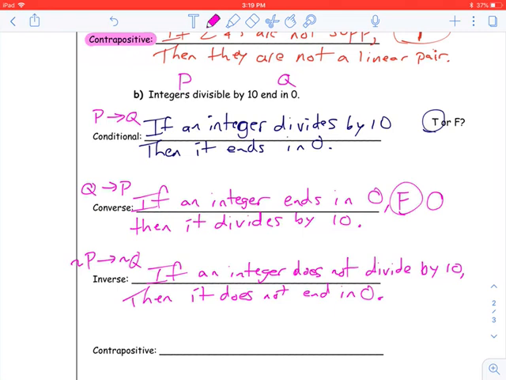That would also be false. If an integer does not divide by 10, then it does not end in 0. And that's true, because if it doesn't divide by 10, there's no way it's going to end in 0. Or, sorry, if it ends in 0, it does not. So 0 would be another example of that.